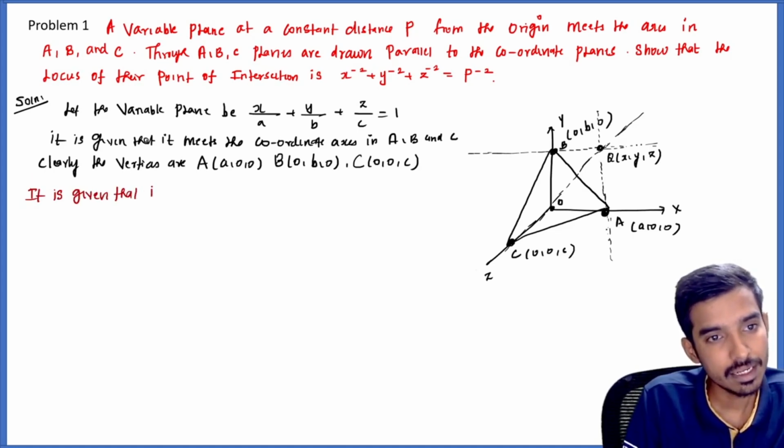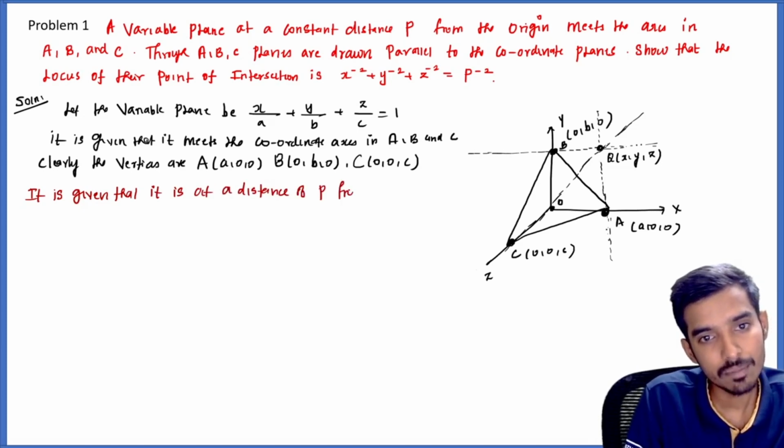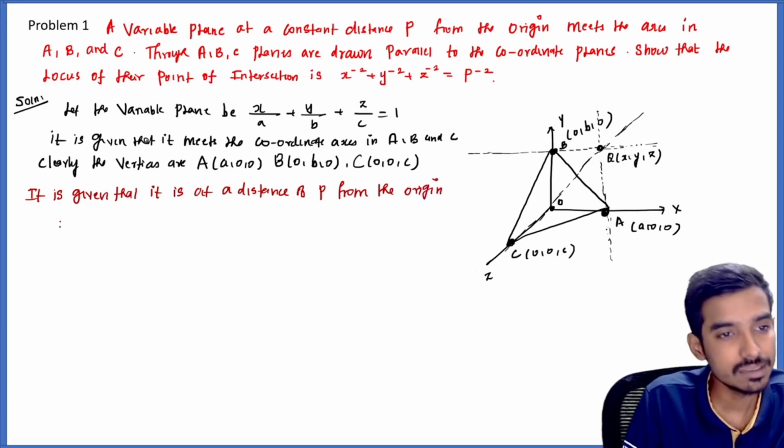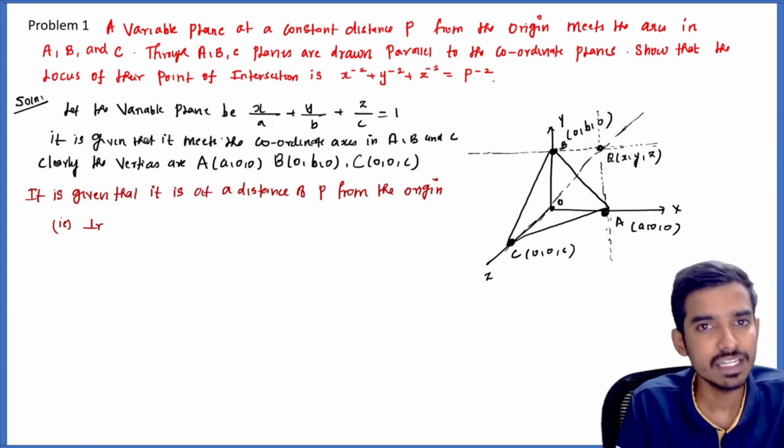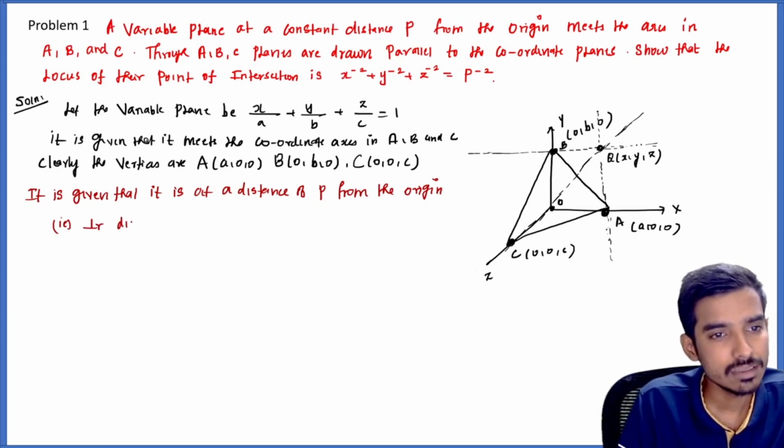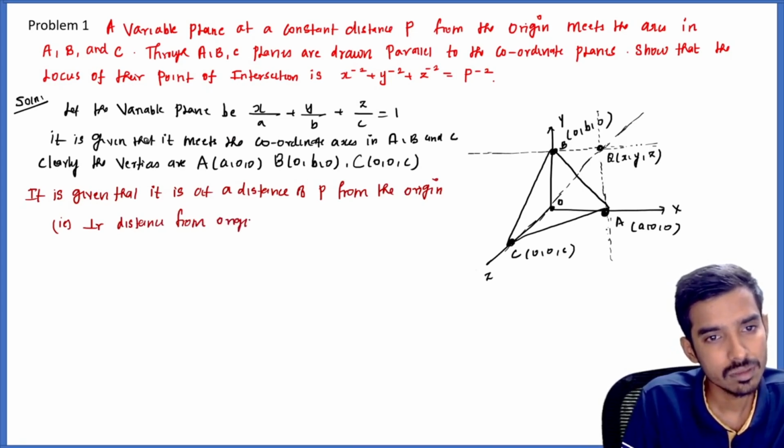That is the perpendicular distance. If they haven't mentioned, you always take the perpendicular distance. That is, the perpendicular distance from the origin to the plane is p, right?